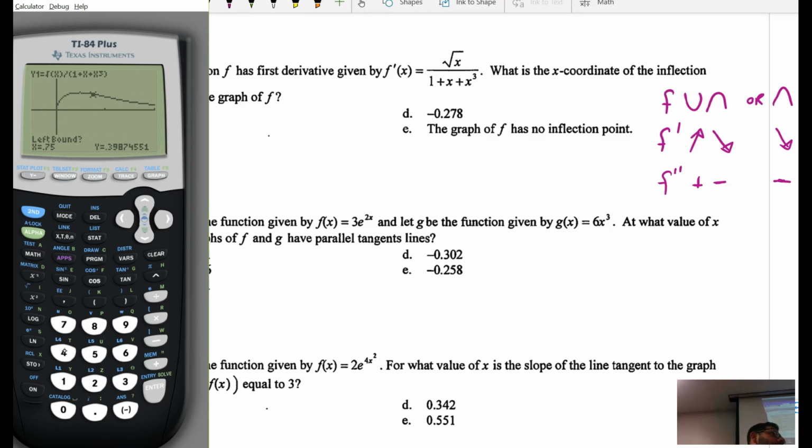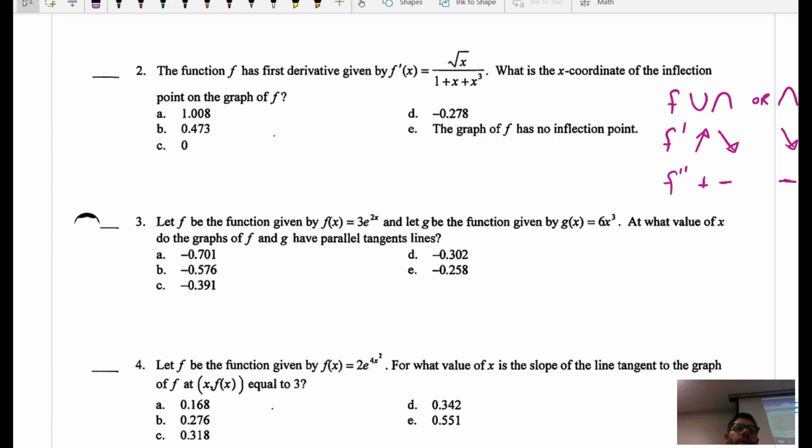What might be a good lower boundary for the x here? 0. So x equals 0 as my left boundary. And a right boundary? 1. And then there's only one max, relative max between 0 and 1, so the guess doesn't matter. If there were multiple relative maxes, then the guess would matter. So we get this number, 0.472, and that's answer choice B.